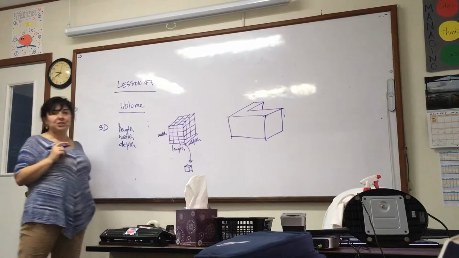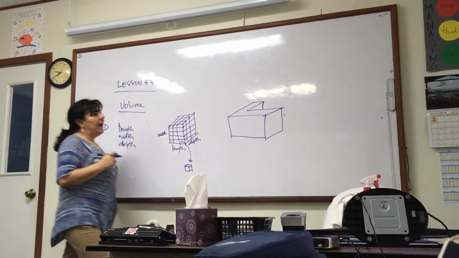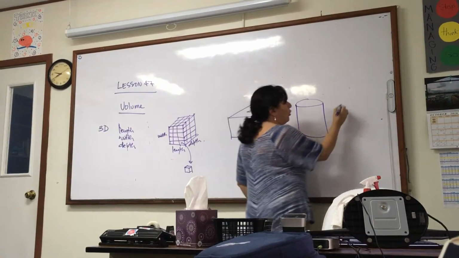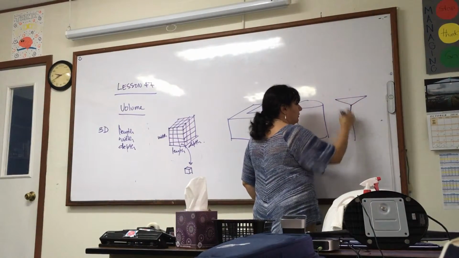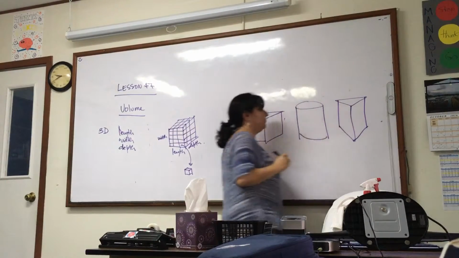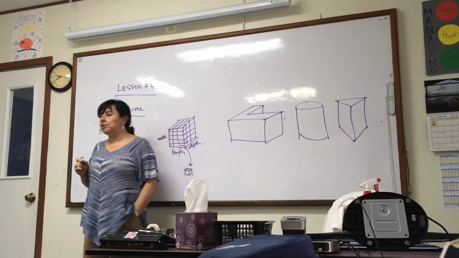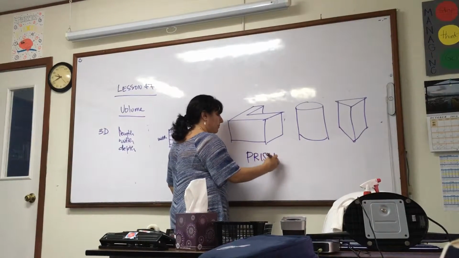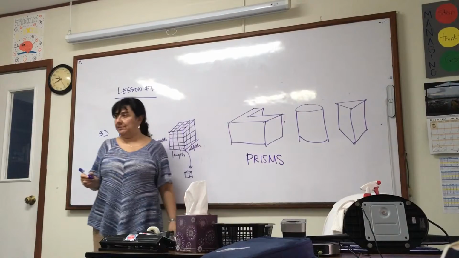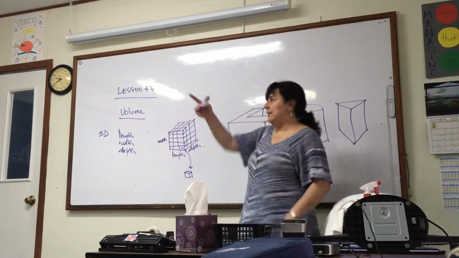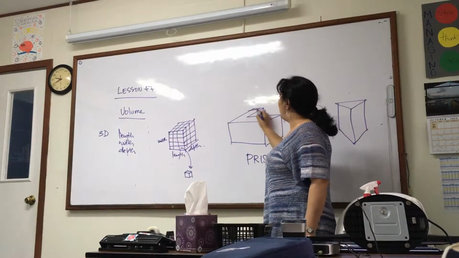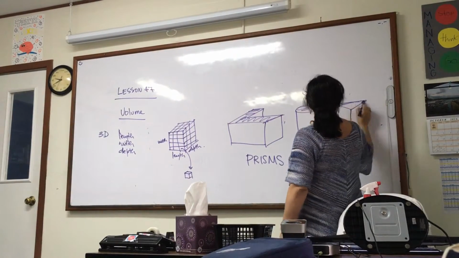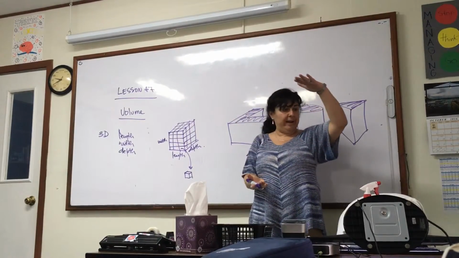If I have something that has this shape, or this shape, or even this shape, these are all called what? They're all called prisms. And why are they called prisms? They're called prisms, and you can see them up there, because they all have a single shape that gets stacked up, right?